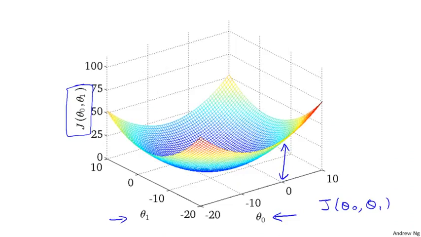Now, for the purpose of illustration, in the rest of this video, I'm not actually going to use these sorts of 3D surfaces to show you the cost function j. Instead, I'm going to use contour plots, or what are also called contour figures. I guess they mean the same thing. To show you these surfaces.